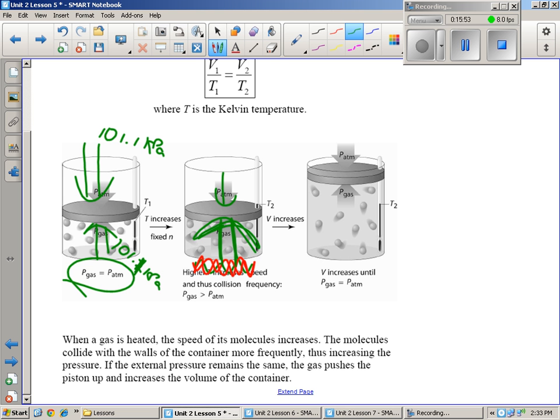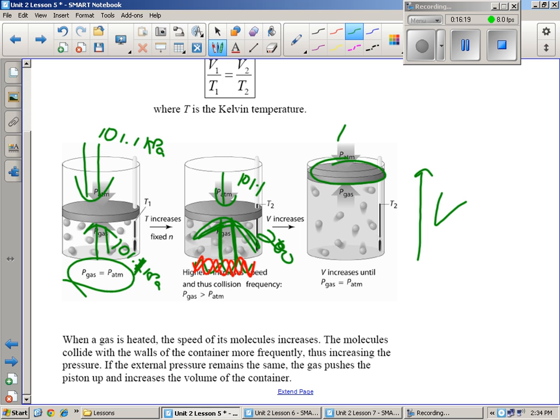Well, is the outside part equal to the inside part? No. Let's say this gets up to 200 here. This is still 101.1. Those two aren't equal. What has to happen? They have to equalize. How does that happen? The volume has to get larger. Volume goes up. Why does the volume go up? Well, because there has to be less collisions, right?